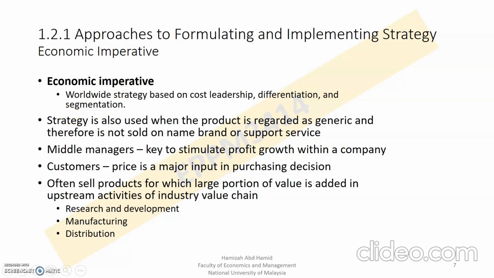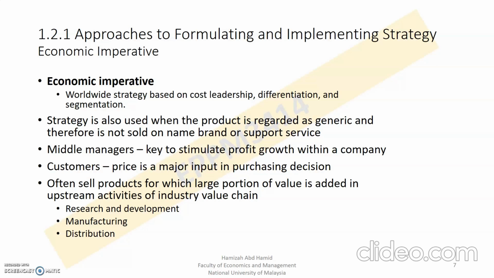This strategy is used when the product is regarded as generic: a basic, homogeneous product. Therefore, it is not sold on name brand or support service. Here, the middle managers are the key to stimulating profit growth within a company across many countries. And for the customers, price is a major input in their purchasing decision.